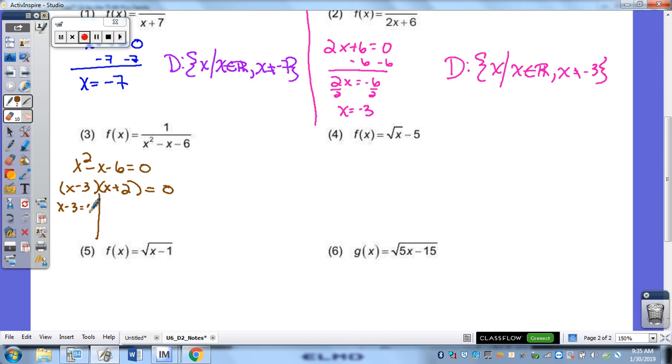So then I set them both equal to 0. So I get 3, and I get negative 2. So we got two values that it can't equal this time. So I'm going to start with my x such that x is an element of the reals, comma, x cannot equal negative 2 or 3.